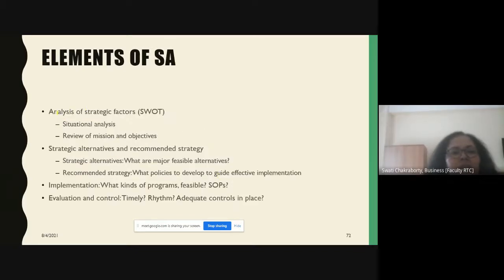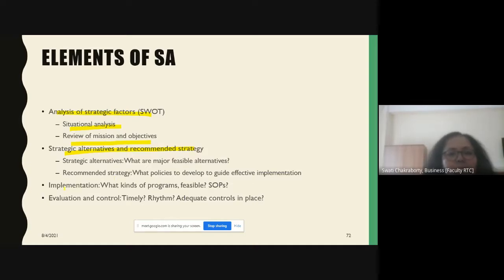Then next comes the analysis of strategic factors, where a situation analysis has to be done and a review of missions and objectives, followed by strategic alternatives and recommended strategies. So what are the different types of strategies which are available? And then choose which strategy to actually develop, which would help in effective implementation.